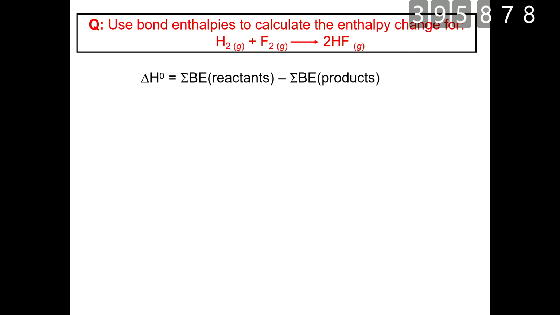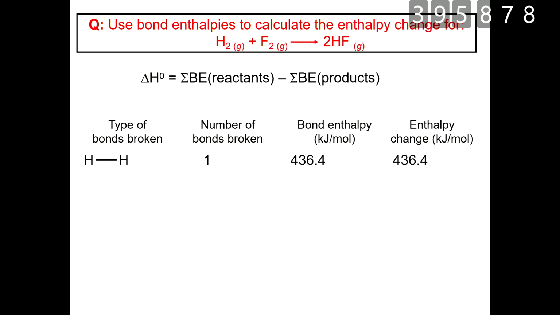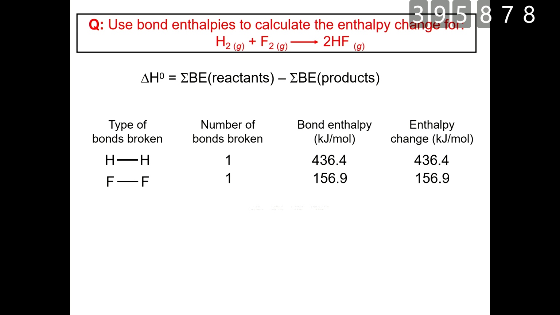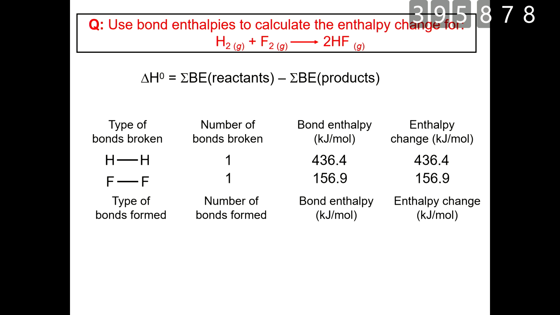Basically, you should remember using the reactants minus the products. So for hydrogen and chlorine reactants, here because it's 2, it means there are 2 bonds. You should have 2.